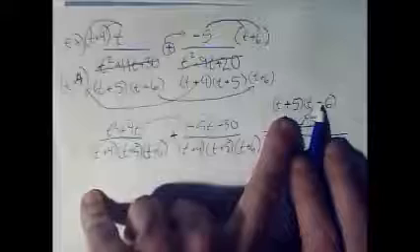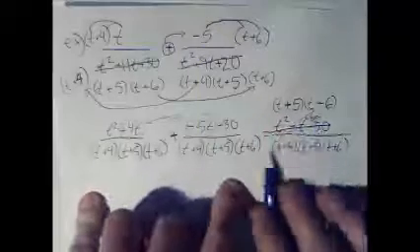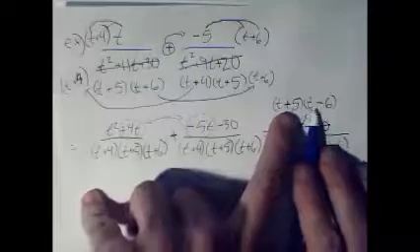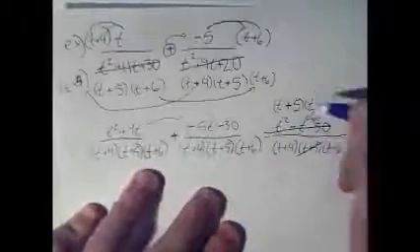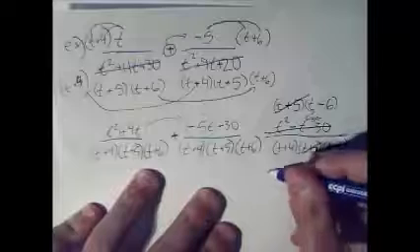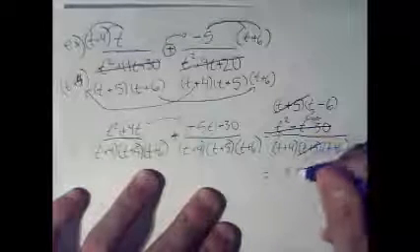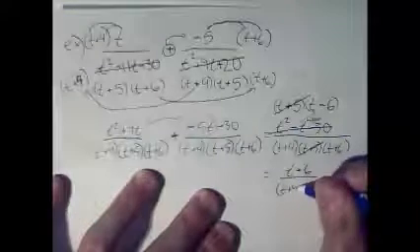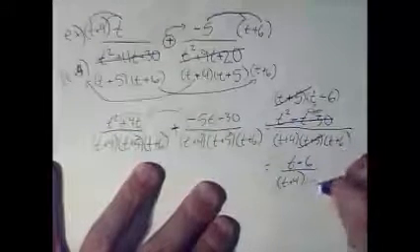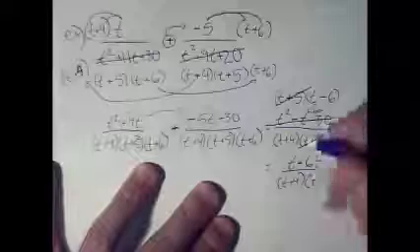Remember, it's actually good if it doesn't factor. If it doesn't factor, this is my answer. If it does factor, and one of my factors cancels, in this case, t plus 5 cancels, leaving me an answer of t minus 6 in the numerator over t plus 4 times t plus 6 in the denominator.